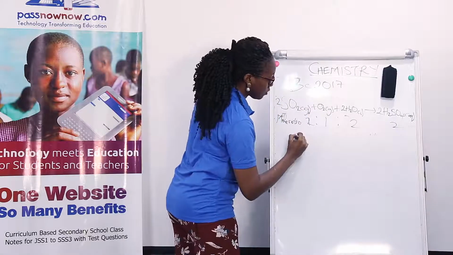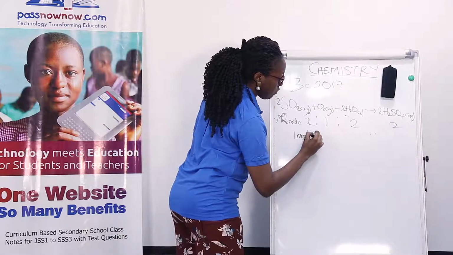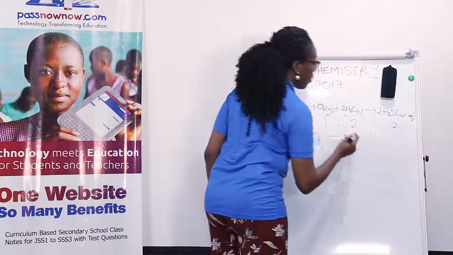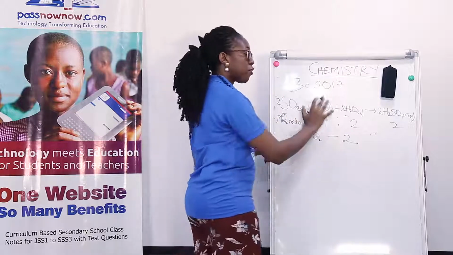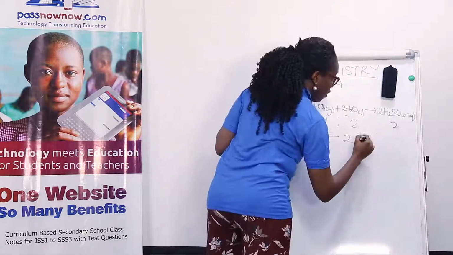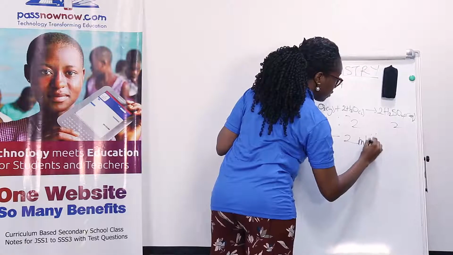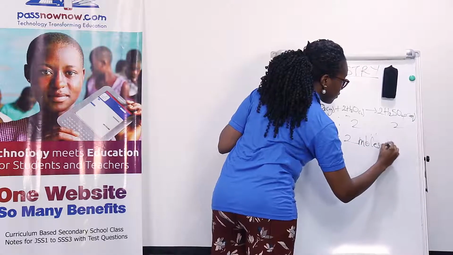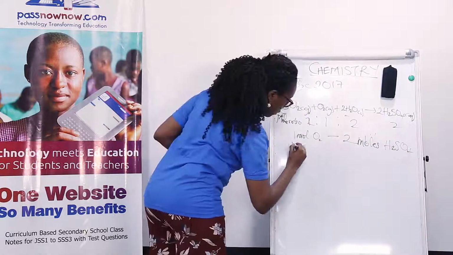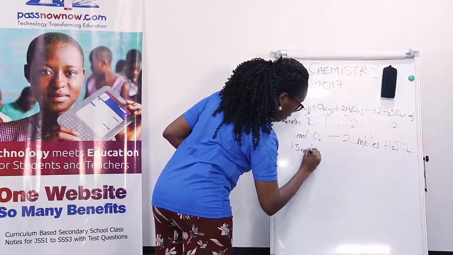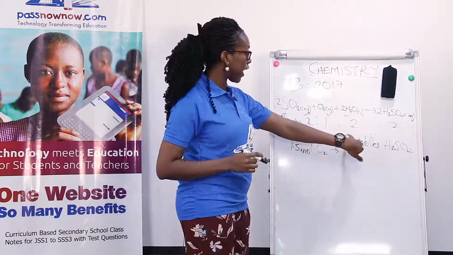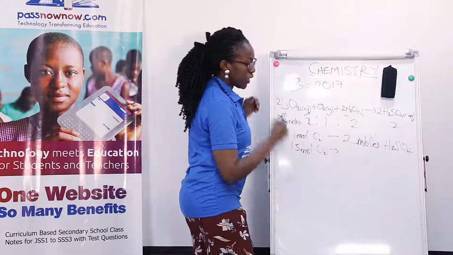If 1 mole of oxygen reacts to yield 2 moles of hydrogen tetraoxosulfate(VI) acid, 1.5 moles of oxygen will yield, if we cross multiply, 2 times 1.5.